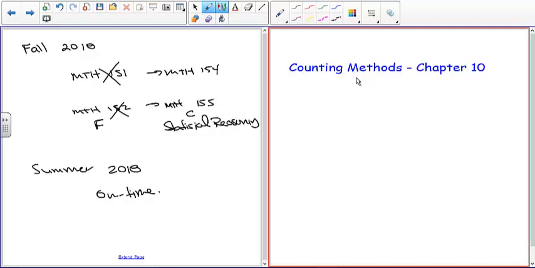There are things called combinations and permutations. For example, if you had 10 people, how many ways could you choose 2 people to be president or vice president for a club? You can use counting methods to determine that, and we need that skill to be able to then talk about probability.